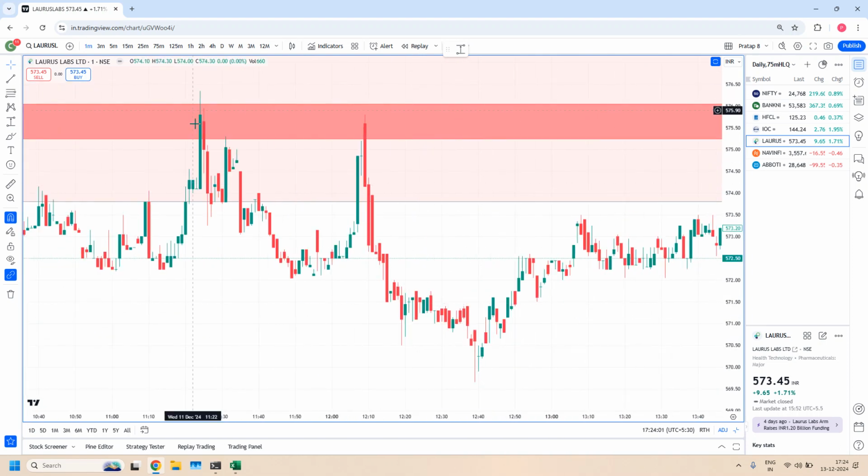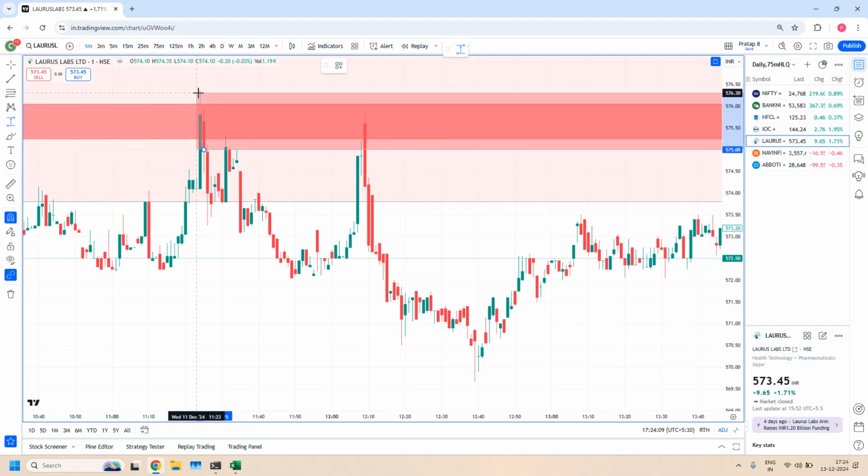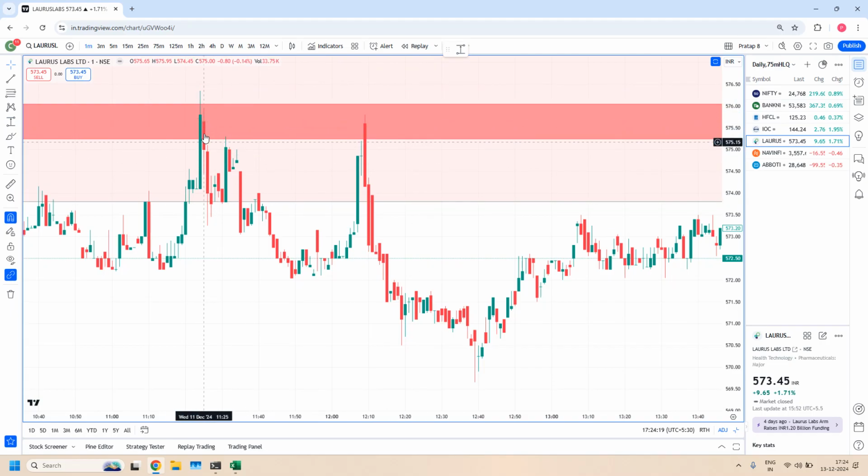You can draw a zone like this. Rally base drop. This is how you can draw a zone. A 1 minute zone. Or if you are not convinced with this candle, if you feel this candle is a large candle, big candle ERC, this is the candle, rally base, rally also you can draw.